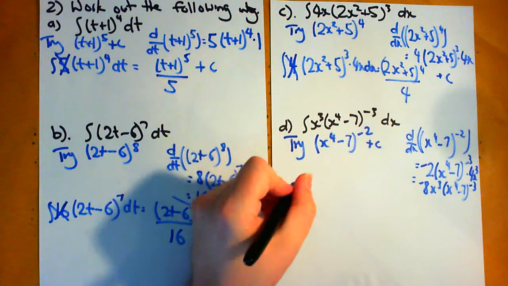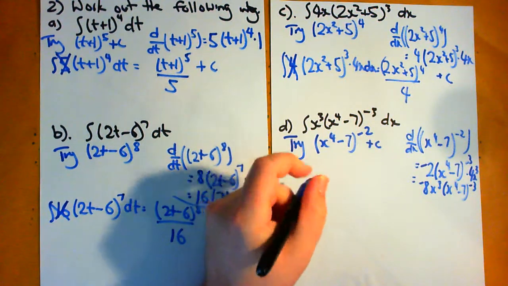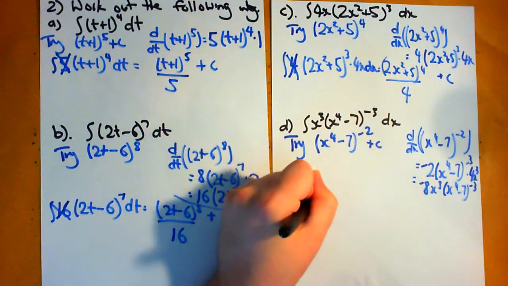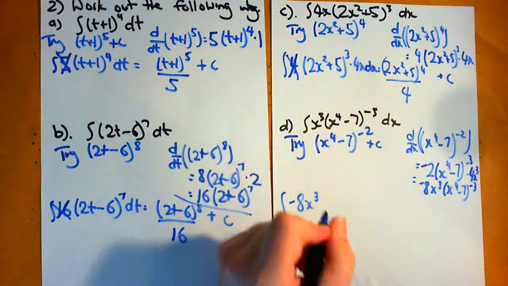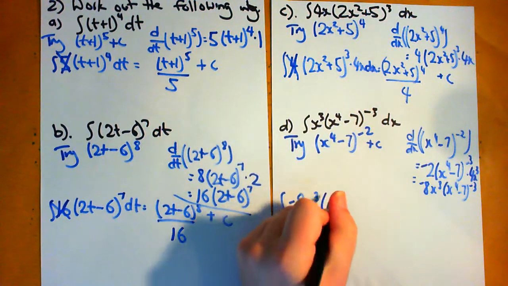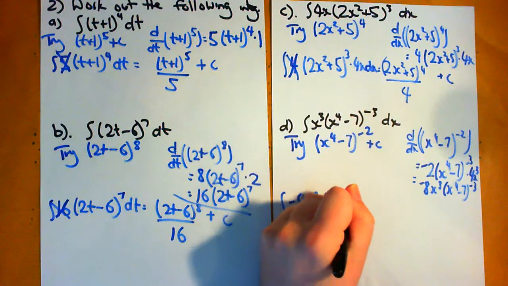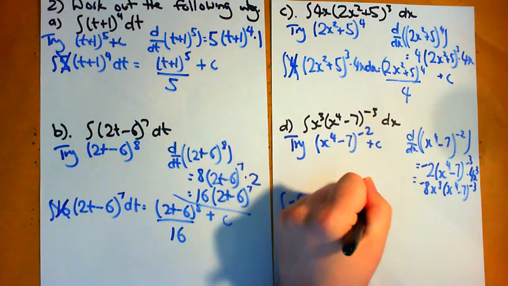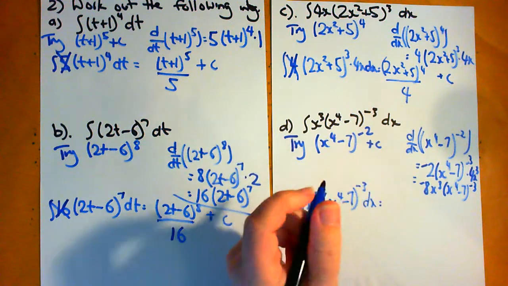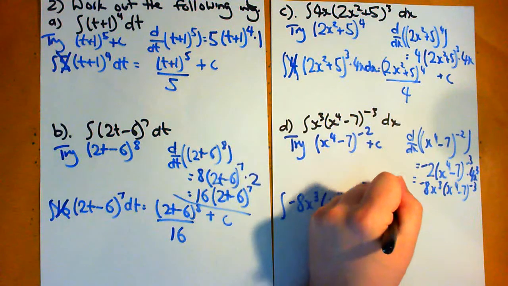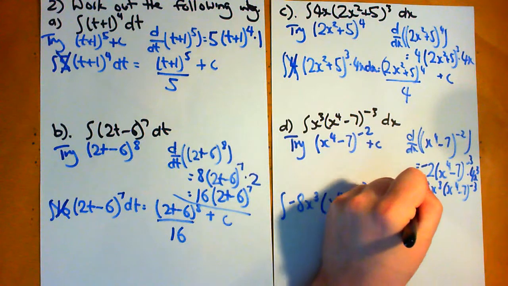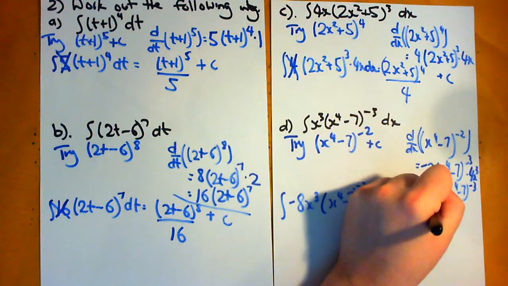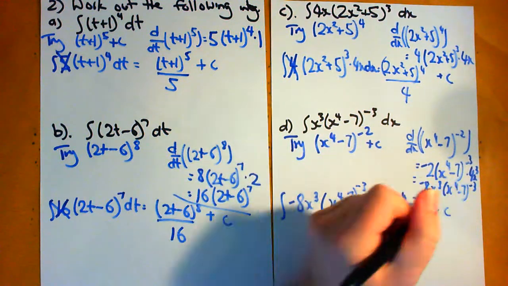Writing that as an integral, we have the integral of −8x³ times (x⁴ − 7) to the power of −3 dx. That is our trial, which is (x⁴ − 7) to the power of −2 plus constant.